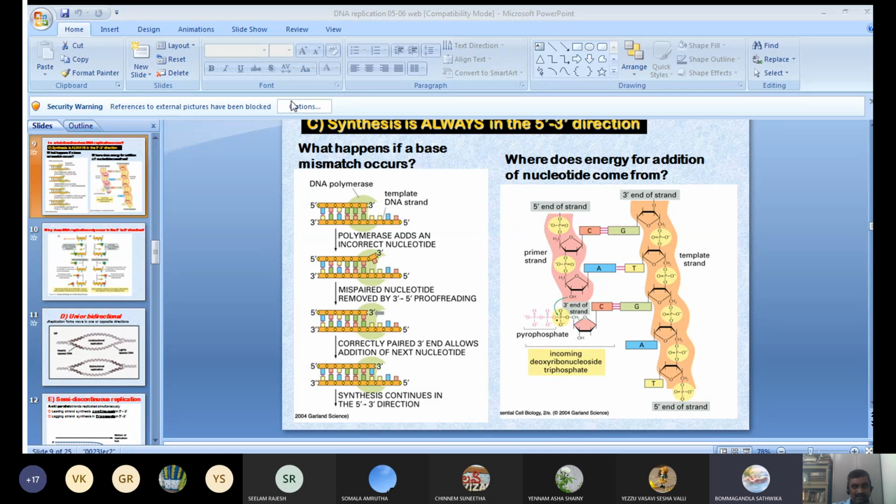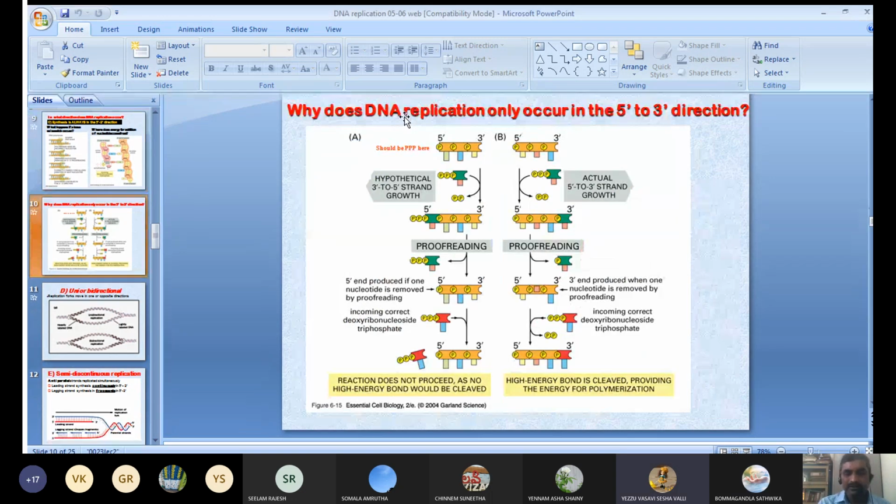Yes, sir. Can you see? Is it visible or not? Okay, so now you can see, right? Yes, sir. It's visible, sir. Yes. Okay.